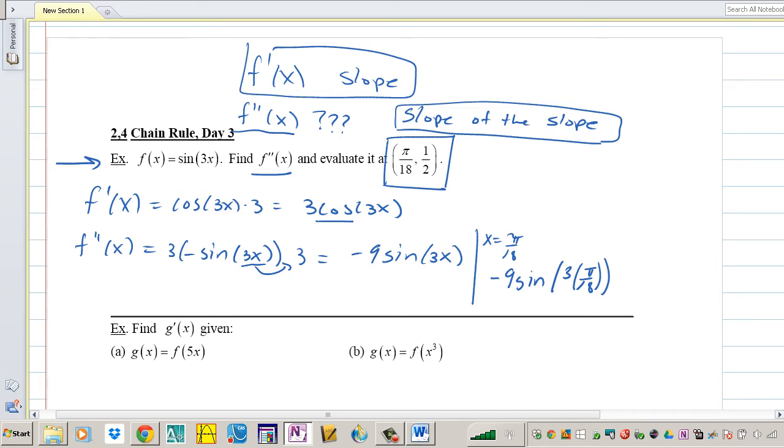Well, what does 3 times pi over 18 reduce to? 3 goes into 18 6 times, and 3 goes into 3 just once. So it's really just negative 9 sine pi over 6. And if you know your unit circle very well, it's negative 9 times 1/2, which is negative 9 over 2, or you could even say negative 4.5.